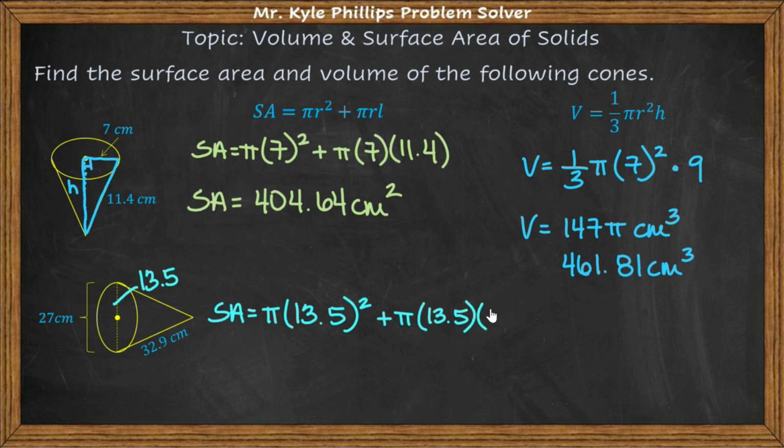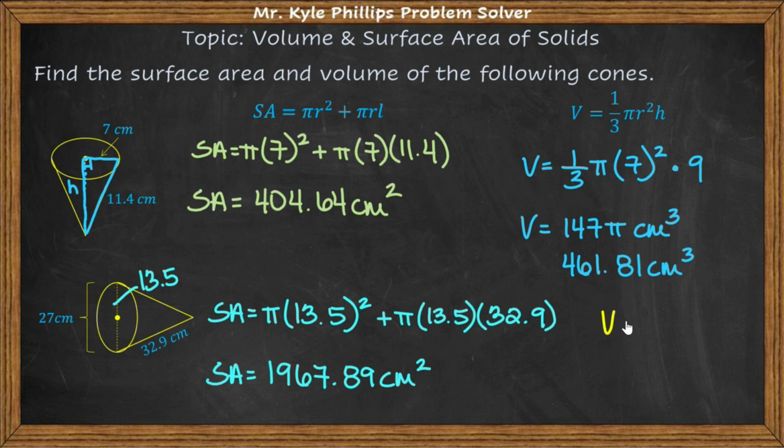It is not the actual height. So now I can plug these values into my calculator. My surface area here will be 1,967.89, and this will be squared centimeters.